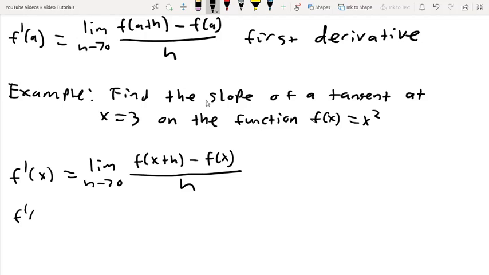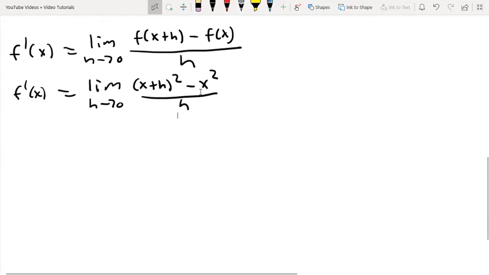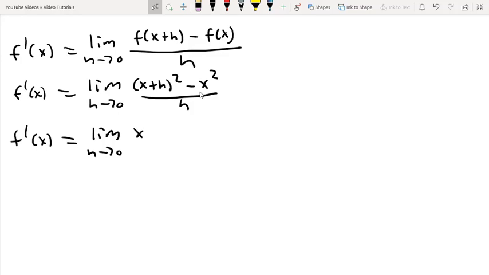So f prime x will be equal to the limit as h approaches 0 of x plus h squared minus x squared over h. So now we can expand out this binomial here, and we'll find that it's equal to the limit as h approaches 0 of x squared plus 2xh plus h squared minus x squared over h.